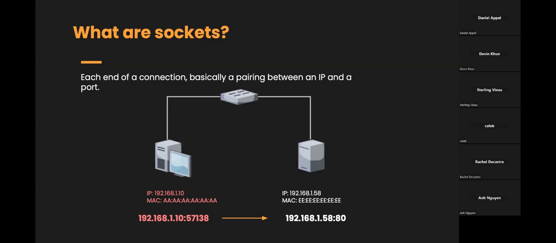Then, in the process of establishing the TCP connection, they would validate that they can establish a connection between these two sockets, between the IP on the left, .10, and the port 57138, and the IP on the right, .58, and the port 80. After that connection between those two sockets is established, it would then be able to transfer data between the two machines.